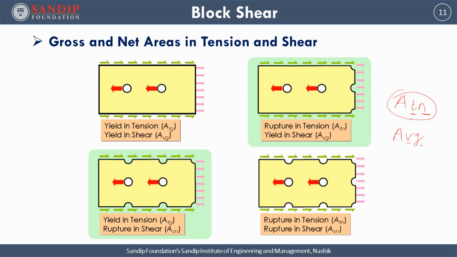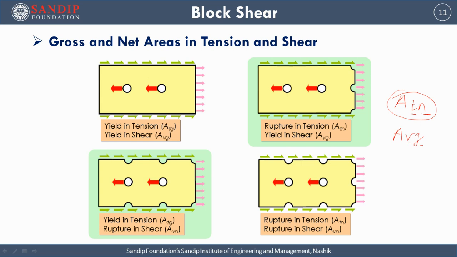You can indirectly say it's a combination of yielding and rupture. Similar to this, here ATN and AVN indicate the area resisting rupture in tension and the area resisting shear in net section. Similarly here ATG and AVN, ATG and AVG.